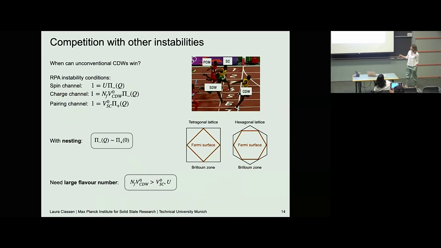In the case that we have nesting, these polarization operators are actually of the same order, which means I just need to make the interaction in this charge channel large enough, and that I can do if my flavor number is large enough. And this kind of critical flavor number would be determined by the ratio of the effective coupling in the charge density wave channel and the other couplings.